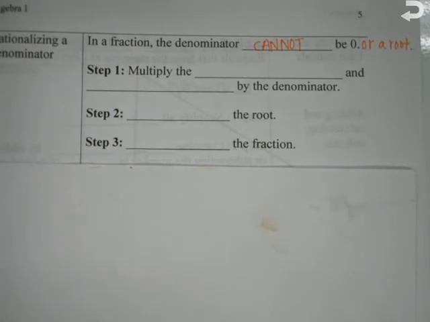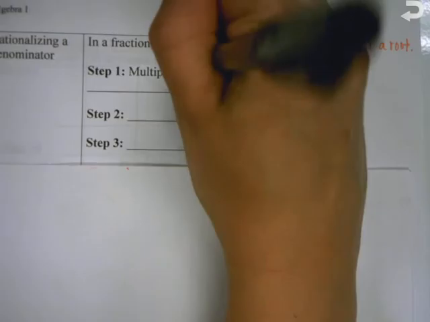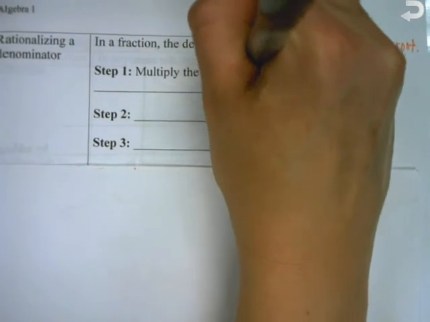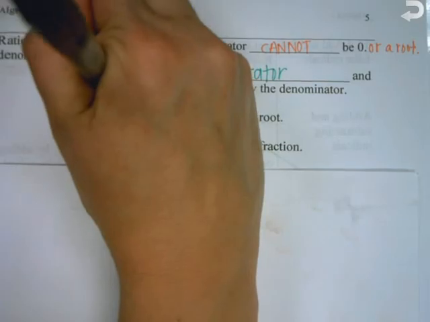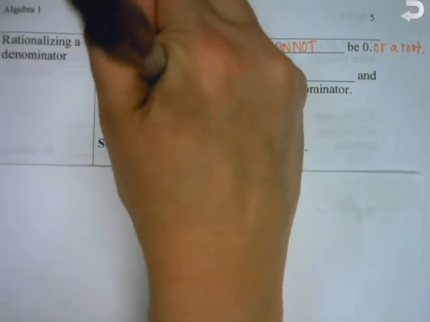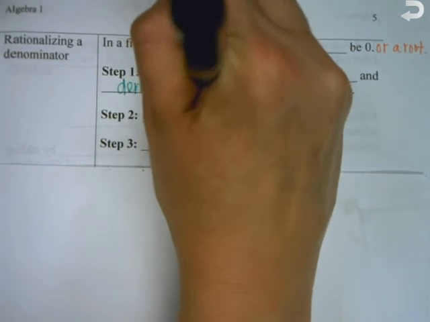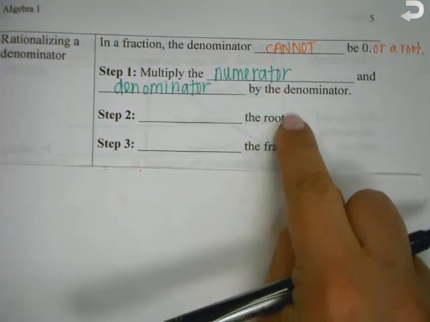So if you ever get it to where the denominator has a root in it, you're going to multiply the numerator and denominator by the denominator. So whatever's in the denominator, we're going to multiply that on top and on bottom.